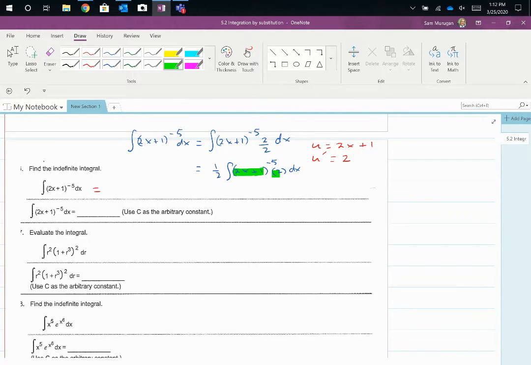So our integral now, that half stays in the front. This becomes 2x plus 1 to the power, and if we add 1 to the power, it becomes negative 4, over negative 4 plus c, which is equal to negative 1 over 8, 2x plus 1 to the power negative 4, plus c.